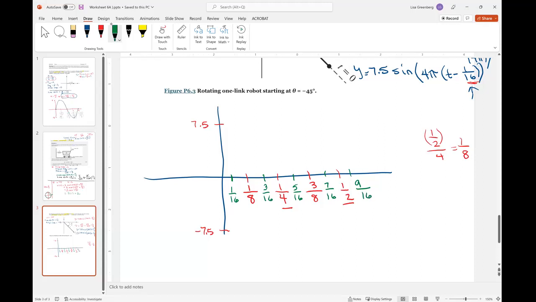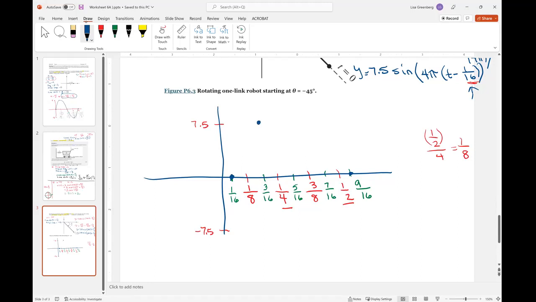Now, this is really the end of my graph. At this point is my end. At this point is my start, because this is a horizontal shift to the right. Okay, so normally I would have my 0 at 0, but I'm shifting it over to 1/16. I would have my maximum height at 1/8, but I'm going to shift it 1/16.